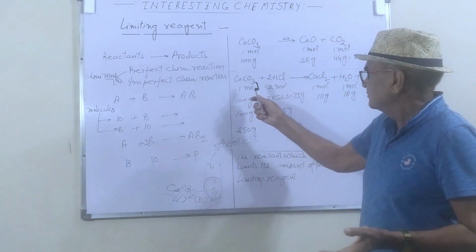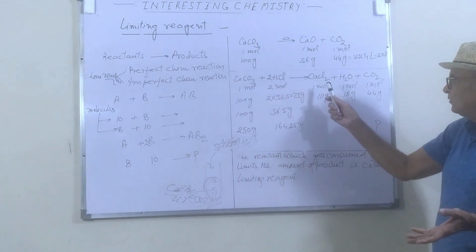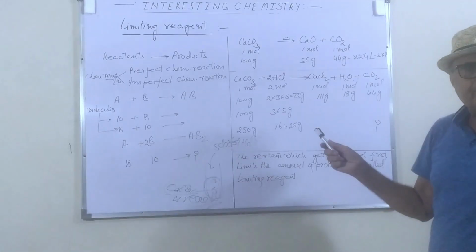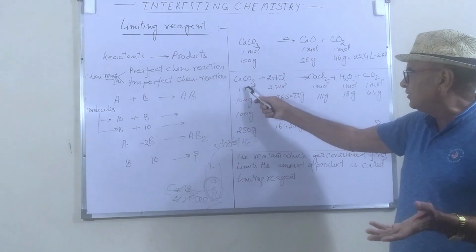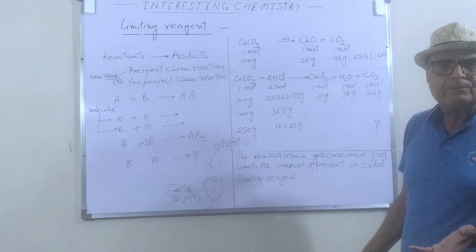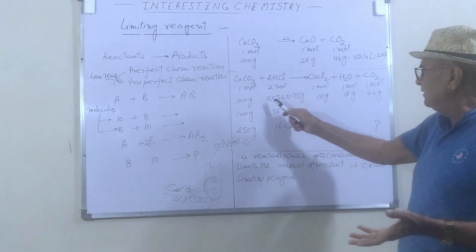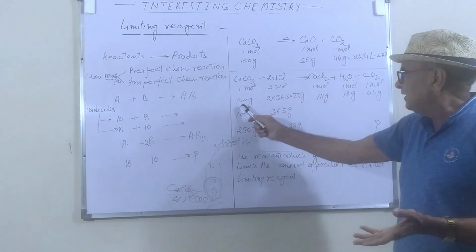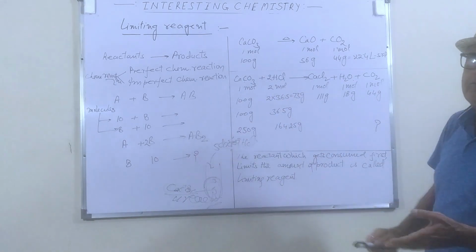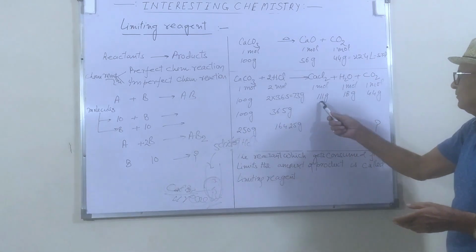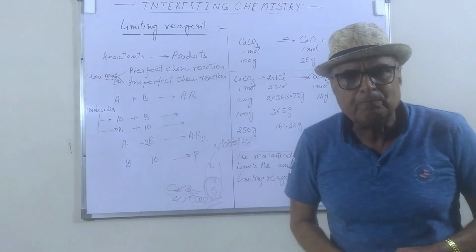Here in this case, 1 mole of calcium carbonate and 2 moles of HCl. You know very well that 1 mole of calcium carbonate is equal to 100 gram, and 1 mole of HCl is equal to 36.5 gram, so 2 into 36.5 is 73 gram. So when 100 gram of calcium carbonate is treated with 73 gram of HCl, it will give the corresponding amounts of CaCl2, H2O and CO2.